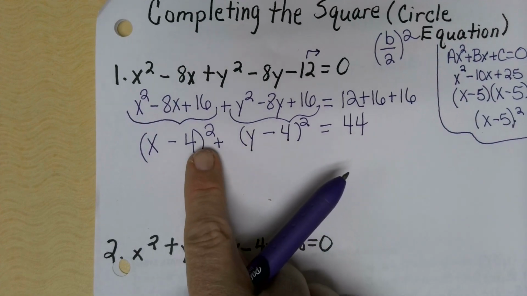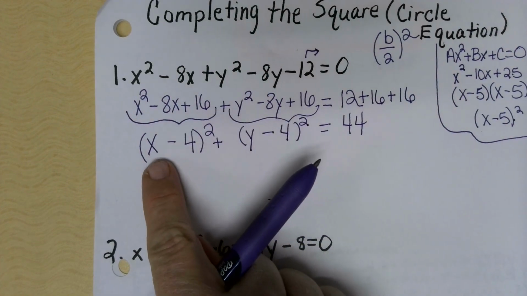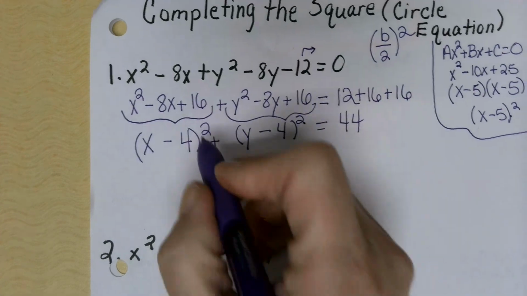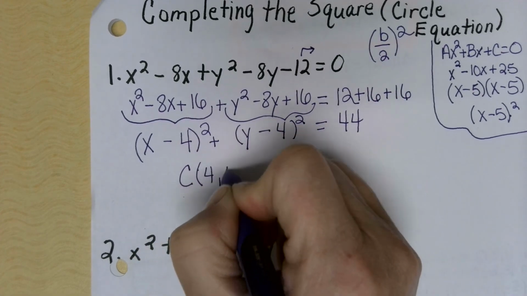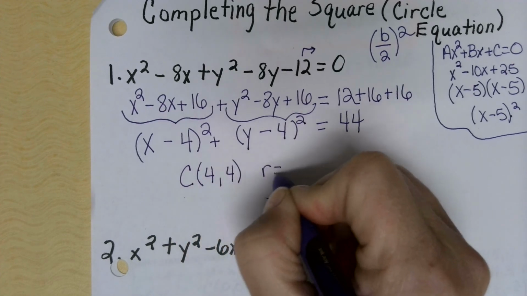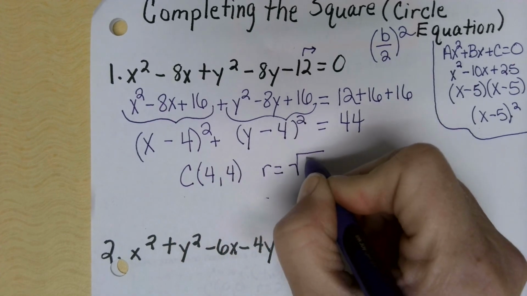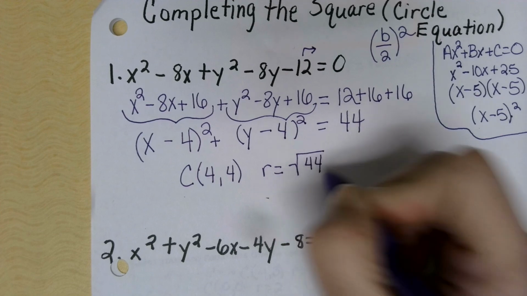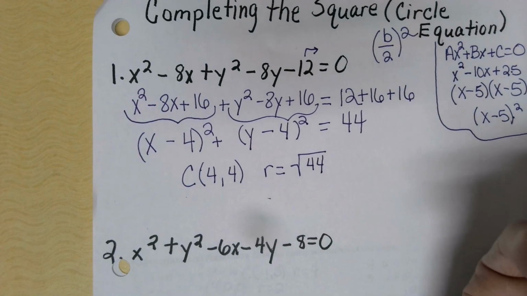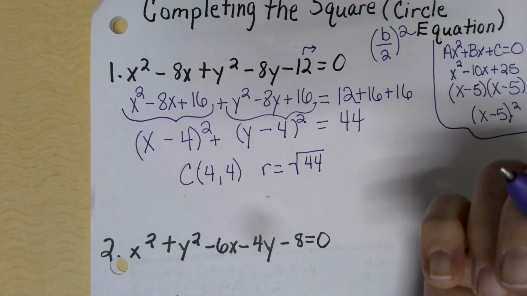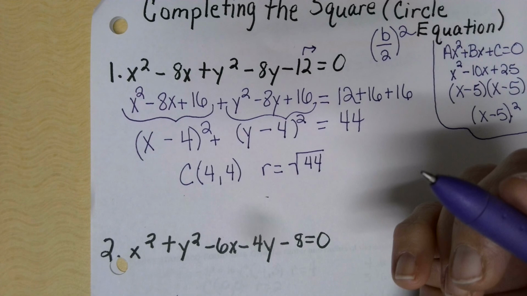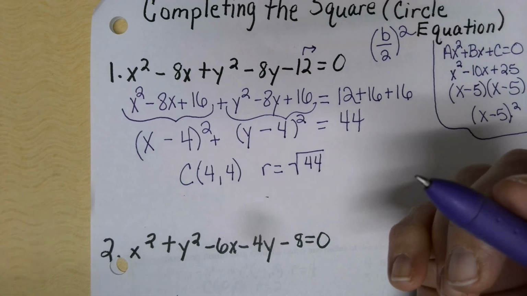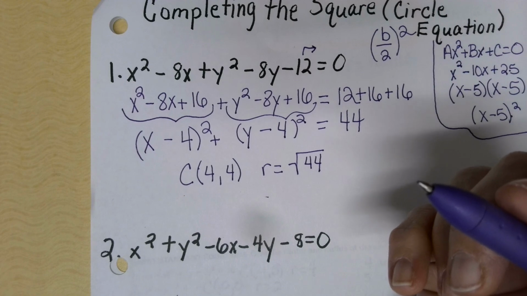We're actually done with the problem, but the way we always end this is we tell the center. My center is going to be positive 4, 4, and my radius is the square root of 44. Depending on what your worksheet tells you, typically when we're saying what is the radius of a circle, we can say that it's like 2.3 centimeters, but we can have radicals as the radius.